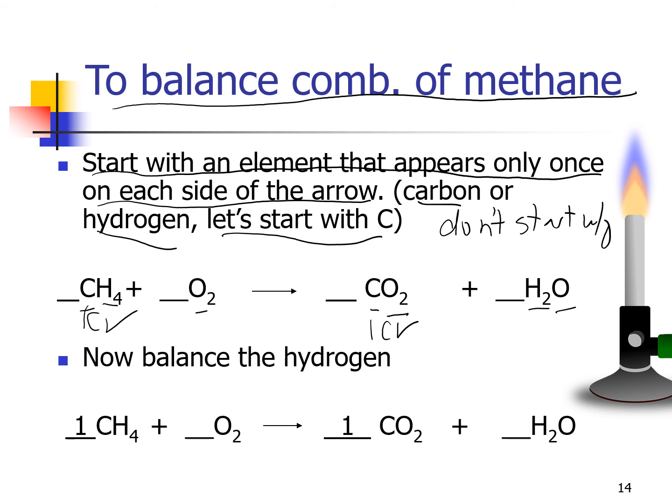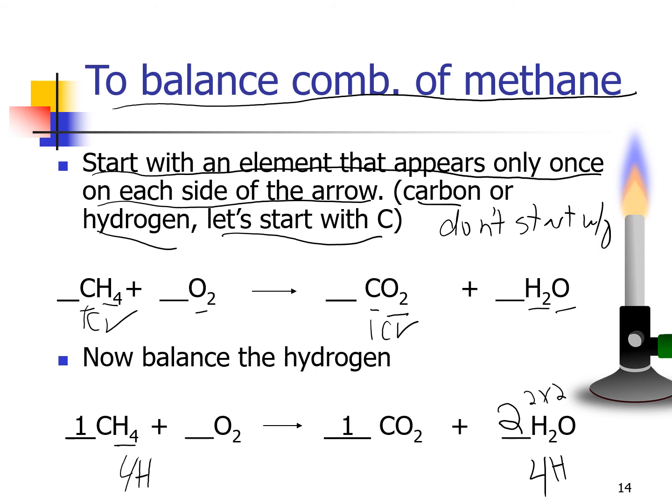Hydrogen, on the left in CH4 we have 4 hydrogens. On the right in water we have 2 hydrogens. In order to balance that, we're going to add a coefficient of 2 in the front. And so 2 times 2 would give me 4 hydrogens. So now our hydrogens are balanced.